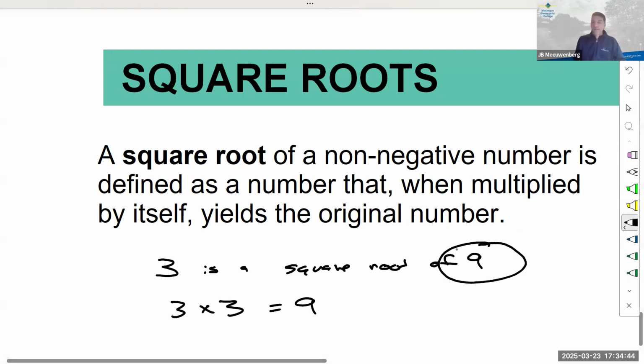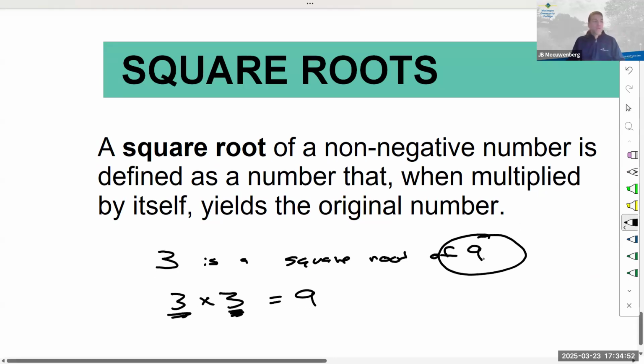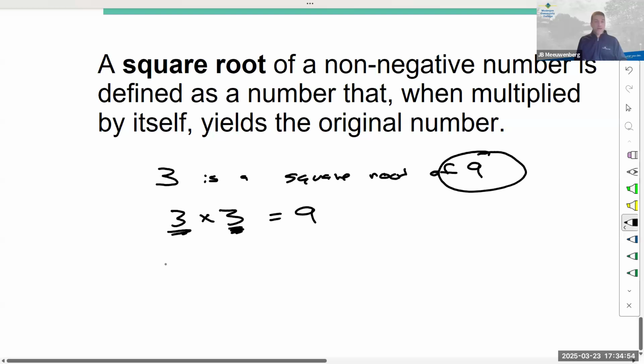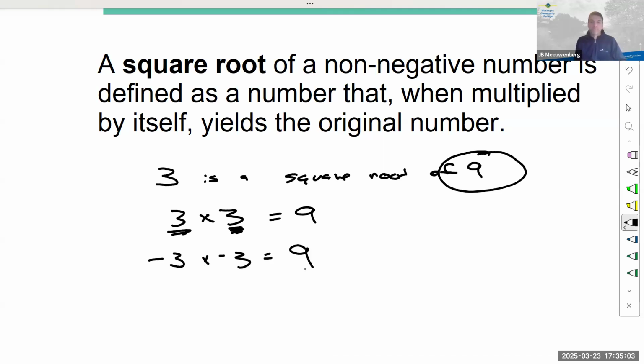If we're looking at this number and we say, what's its square root? What we're asking is, what number times itself equals 9? Okay. Now, it's also important to recognize that -3 times -3 is also equal to 9.